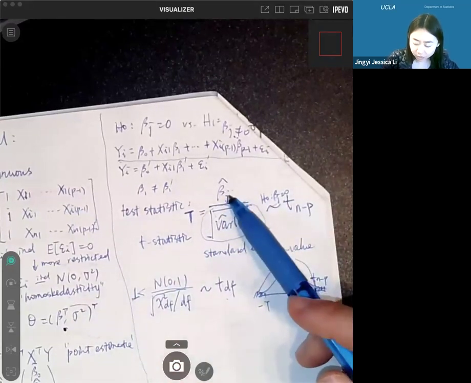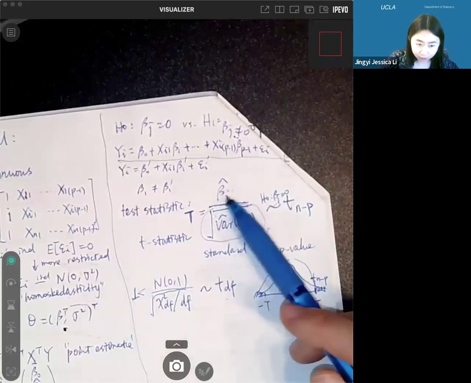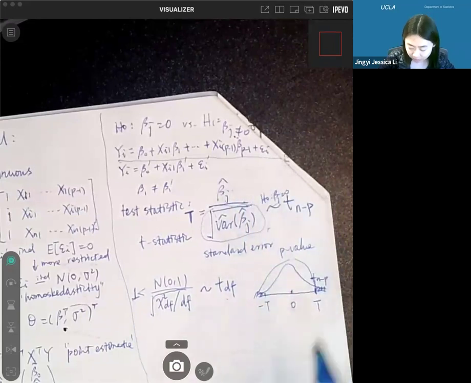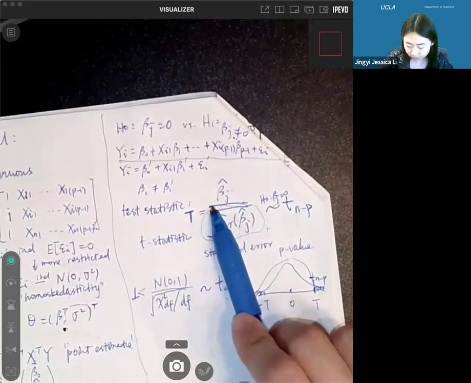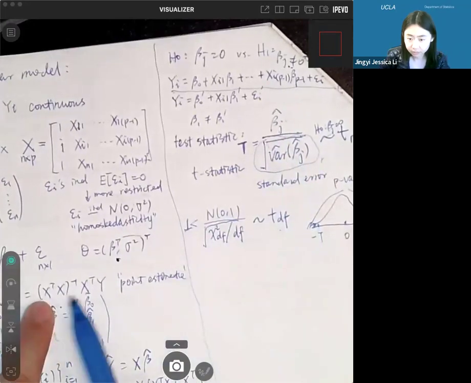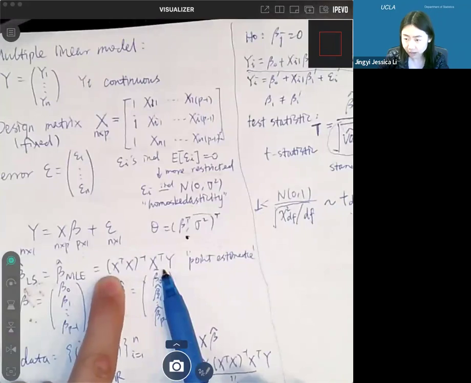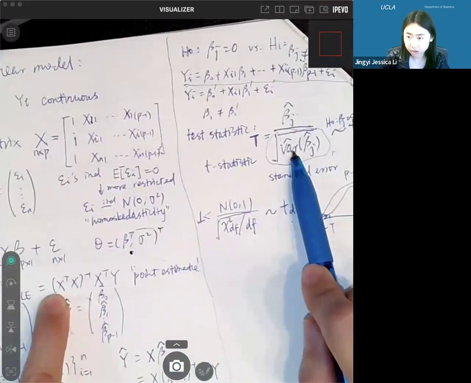Here, the randomness of beta hat j comes from what? Going back to the formula here, beta hat is from this form. And the randomness in the denominator comes from the residuals, right?